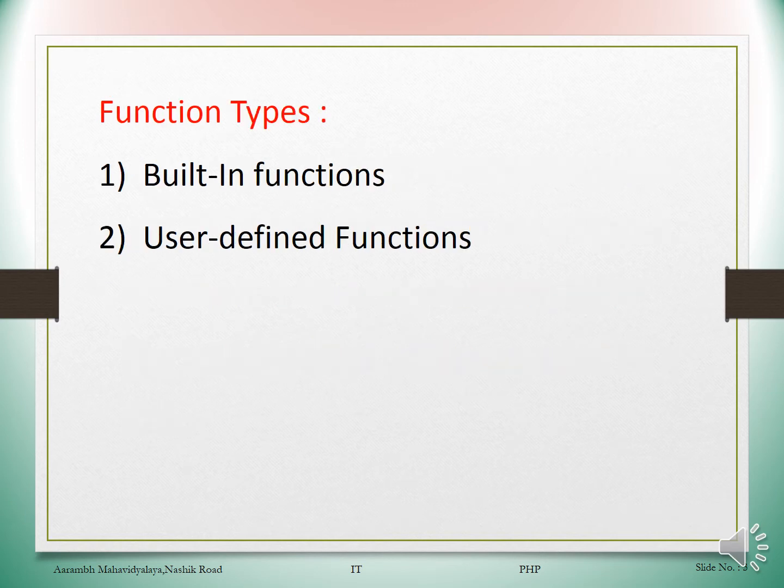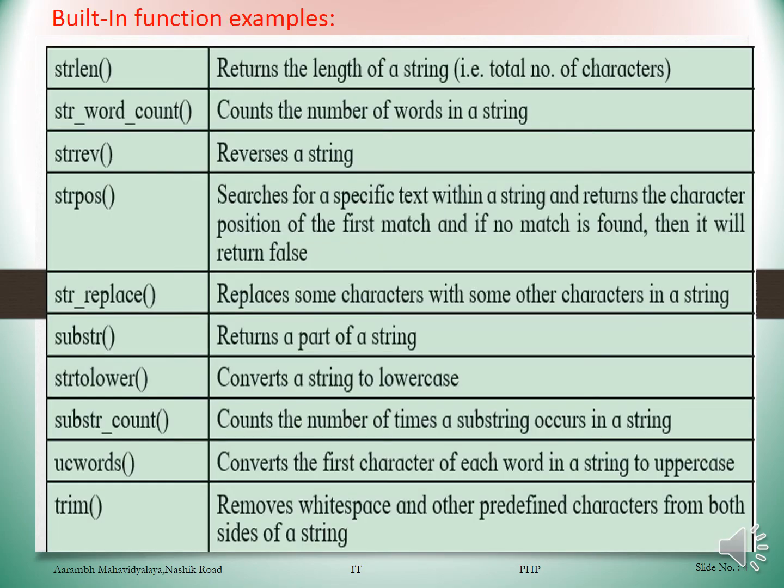There are mainly two types of functions. The first one is built-in functions and the second one is user-defined functions. We already studied some built-in functions last year and this year also. In PHP, thousands of built-in functions are available.